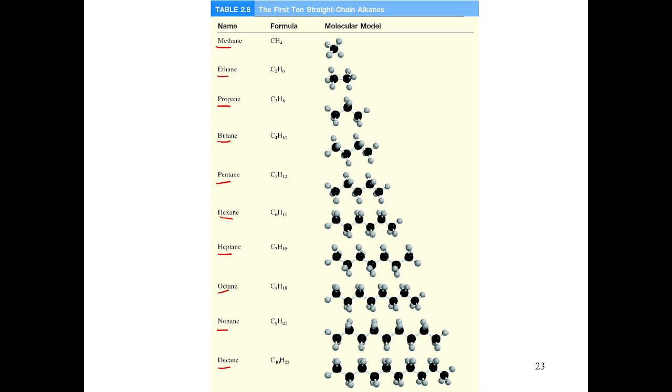But it just shows that there is another system on how we can name carbon compounds.